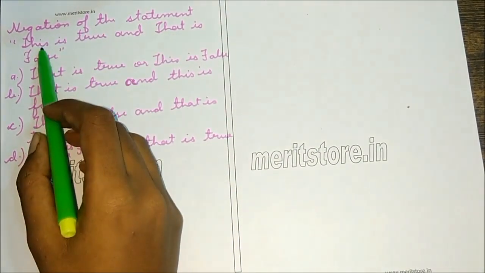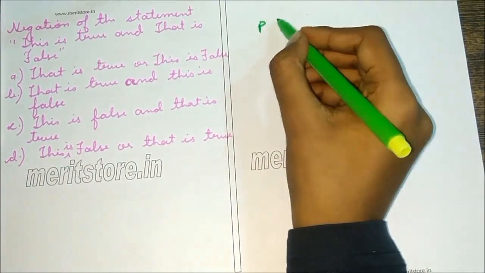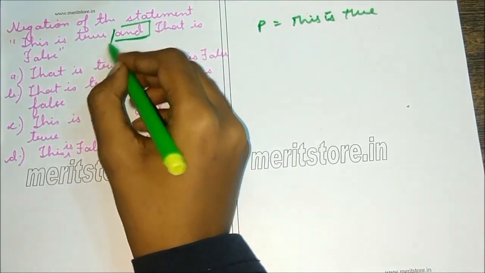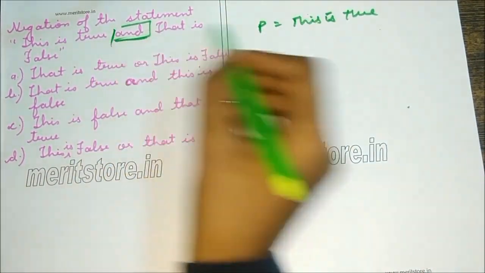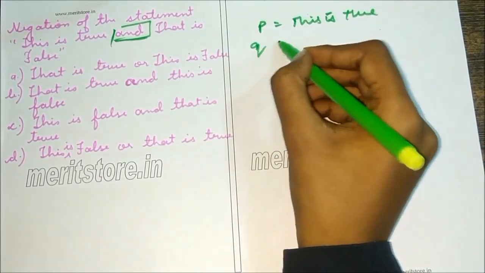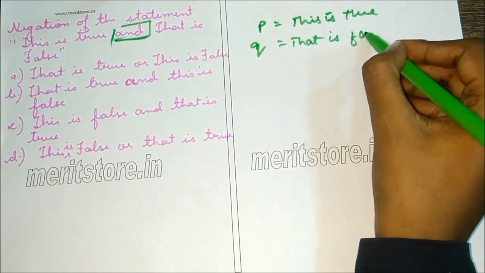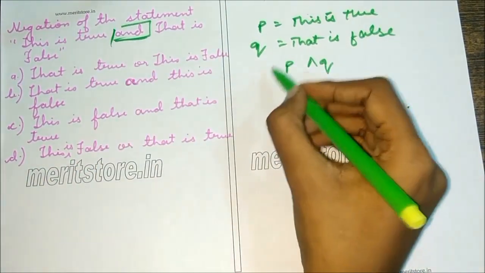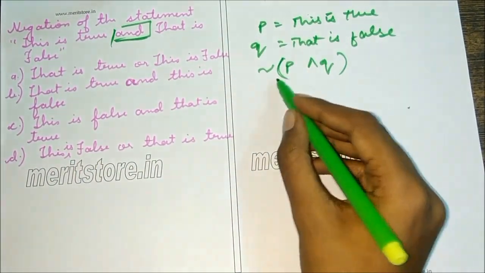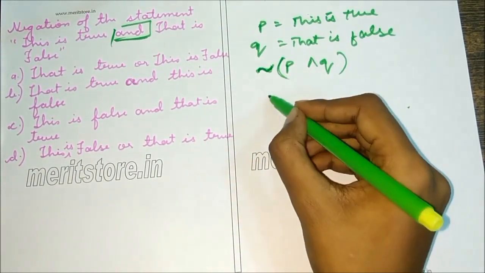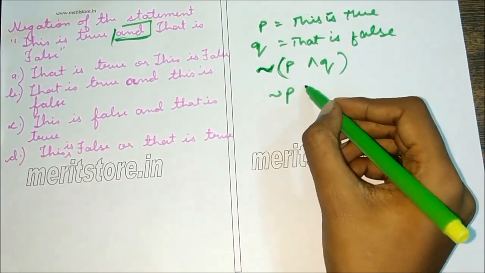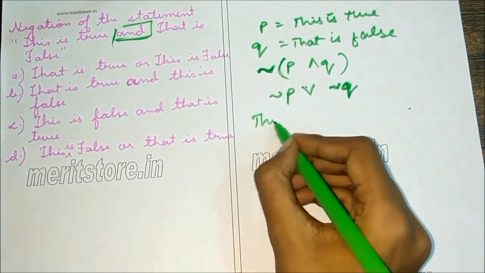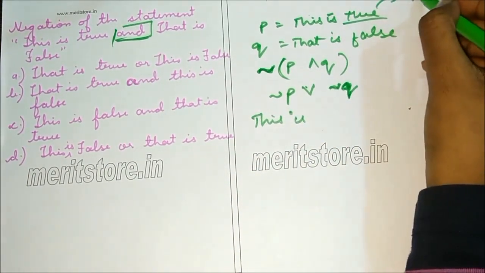Now the negation of the statement, this is true and that is false. Let P be this is true, connected by an and statement, a conjunction, and that is false is Q. So the symbolic form of the given statement is P and Q. The negation of this statement is negation of bracket P and Q. Distributing negation, we get negation of P, negation of and is or, negation of Q. Rewriting this in the form of a sentence, the opposite of true is false.